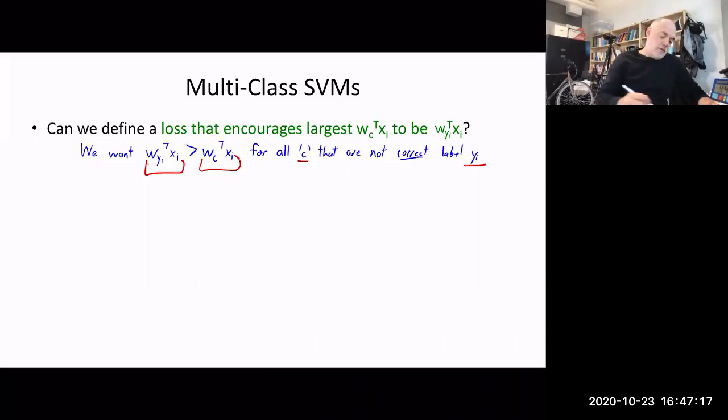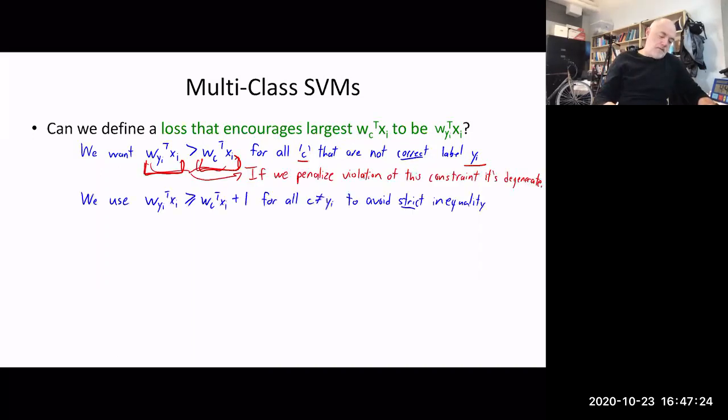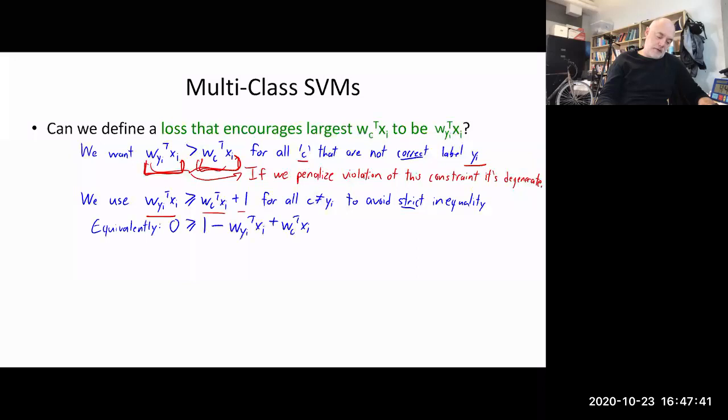So we really want the scores to be properly calibrated with respect to each other, okay? If we directly penalize a violation of this constraint, it's degenerate, but let's say that we actually want the score of the correct class to be greater than any alternative class plus some margin, for all classes other than the correct class. Or equivalently, we can write down the constraint that we want, which is given by this expression right here.